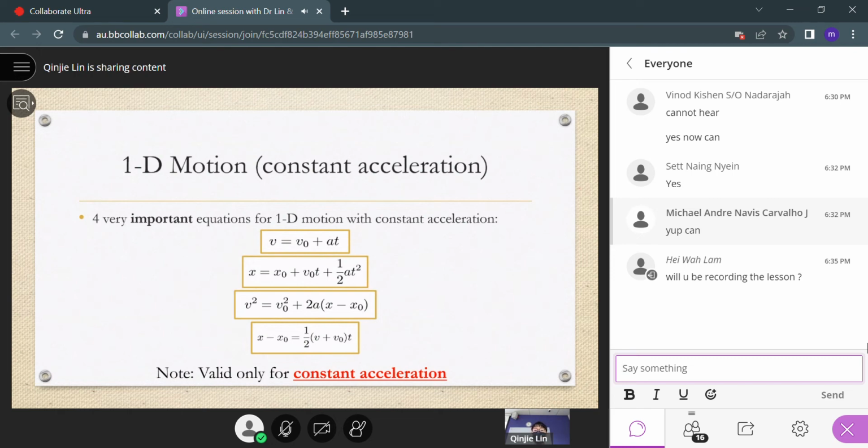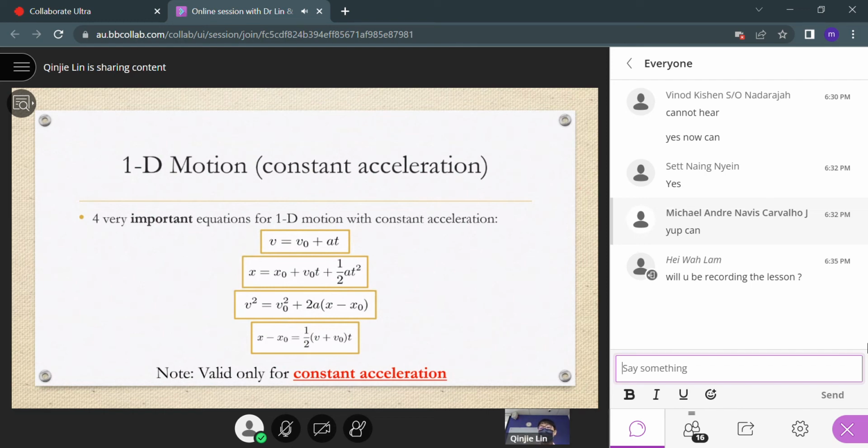And these are only valid for constant acceleration. Constant acceleration means the acceleration throughout the journey that you are looking at cannot change. It cannot suddenly, like at t equals 2 be 2 meters per second squared, and later change to 3 or 4. Then the equation is not valid anymore. It's only valid for constant acceleration.